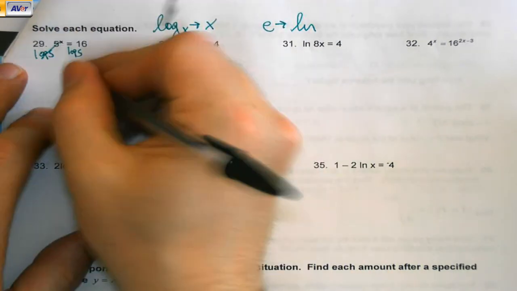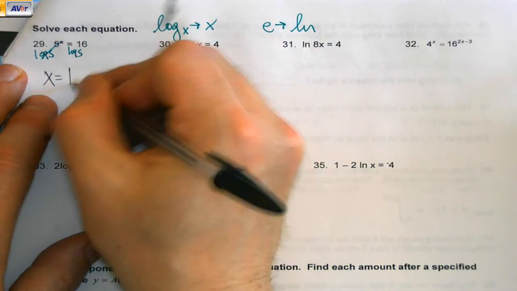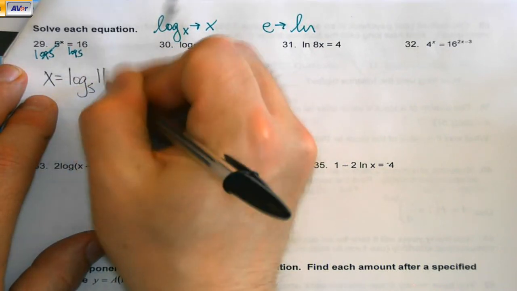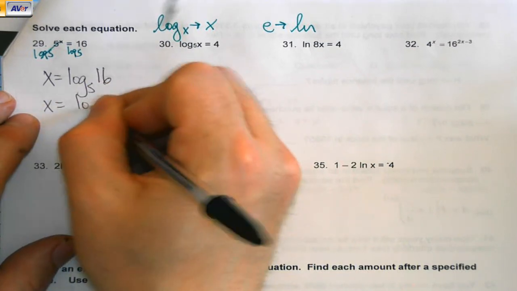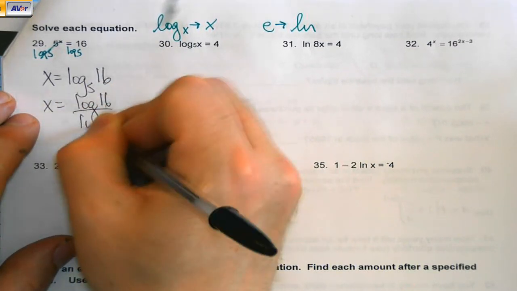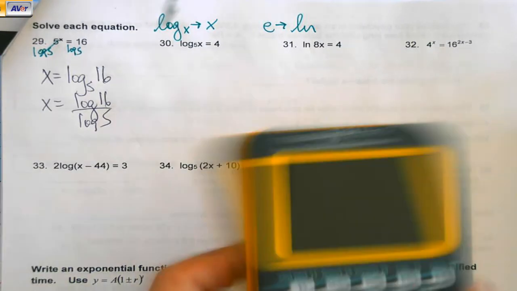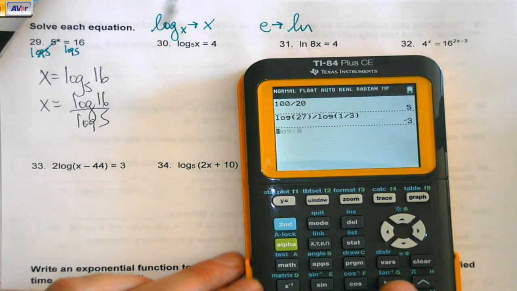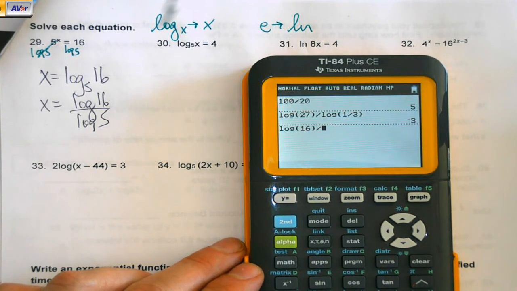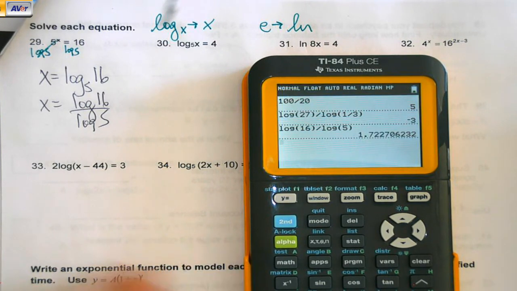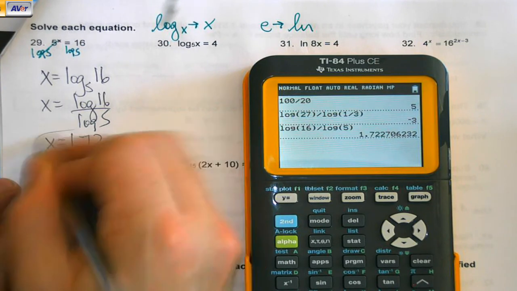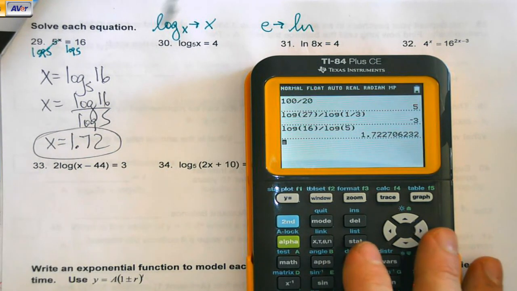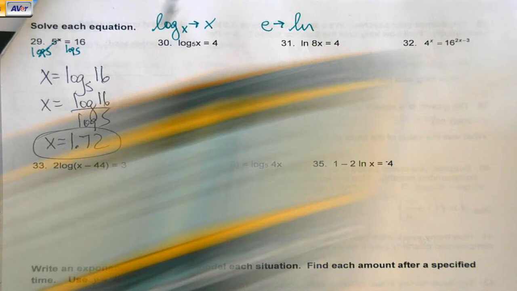I didn't mean to cross out the x there. Now again, when I get to this point, I can't type this in the calculator and have it look like that. It doesn't work. We're going to use change of base, log of big divided by log of little. And here, if they don't tell us any better, we'll just go to a couple of decimal places. We won't go crazy like we have been before doing some of those.